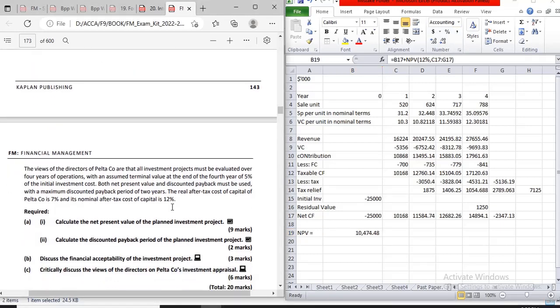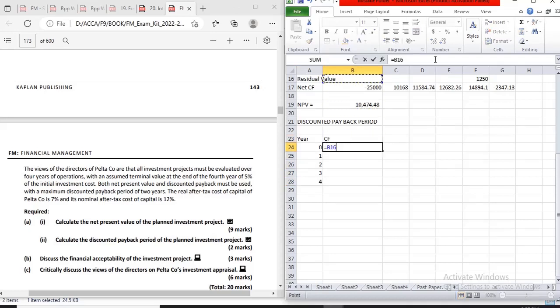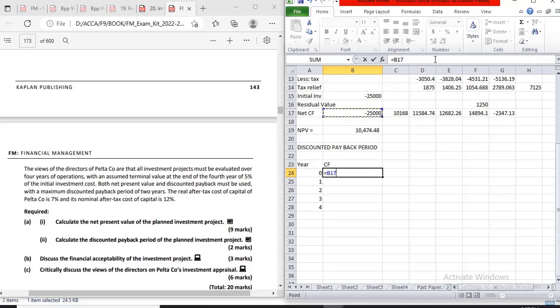So the next question is to calculate the discounted payback period of the planned investment project. This one was for the NPV. Now the discounted payback period. So here what we have to do, first write down year 0, 1, 2, 3, 4. Okay, and the cash flow we will simply select from above.